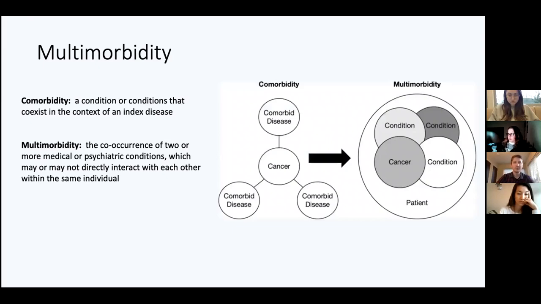So what is multimorbidity? I think sometimes we confuse multimorbidity with comorbidity. Comorbidity is a disease that occurs in the context of an index disease.